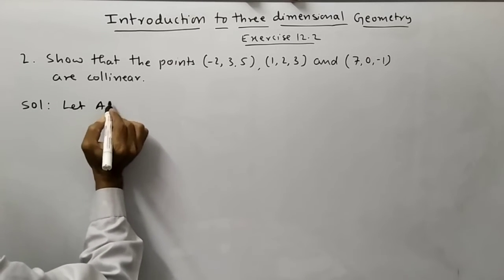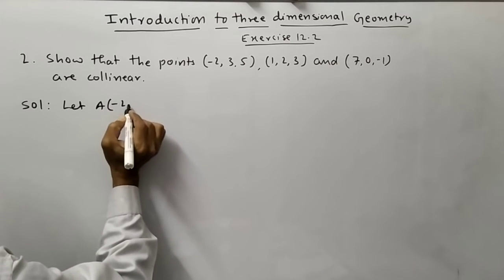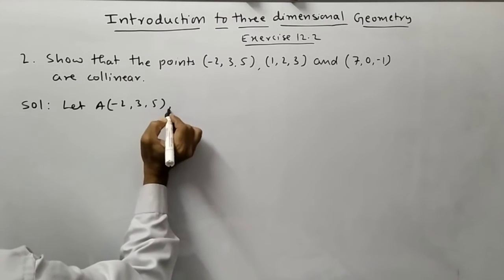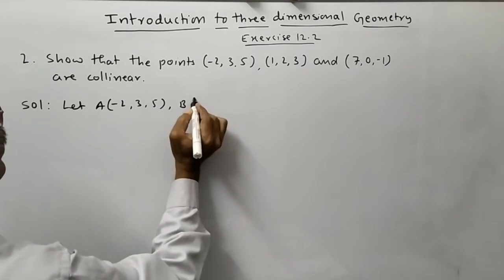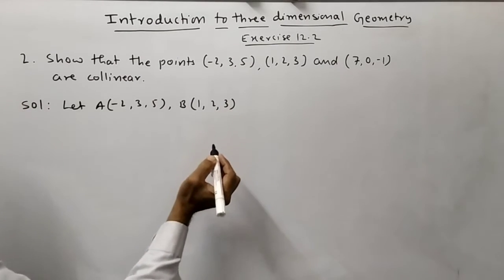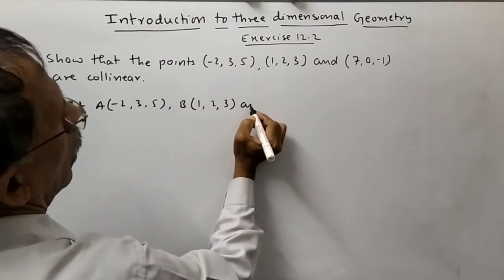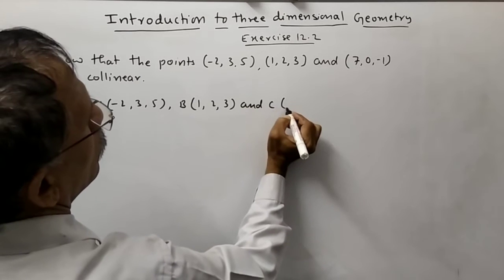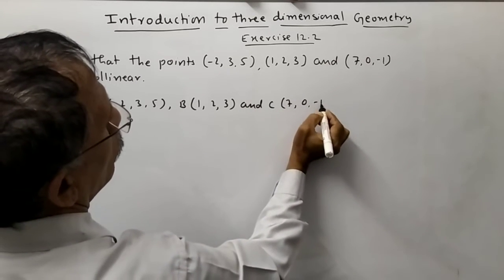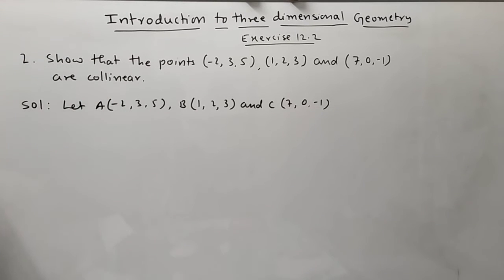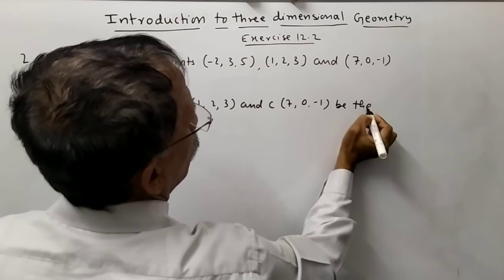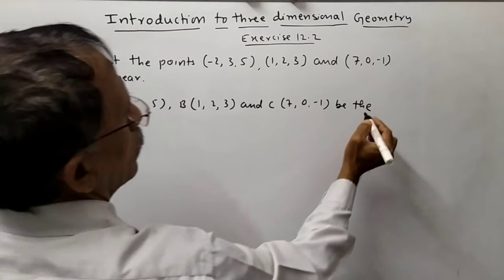Let A with coordinates -2, 3, 5, B with coordinates 1, 2, 3 and C with coordinates 7, 0, -1 be the given points.